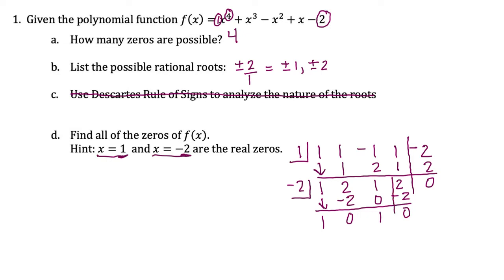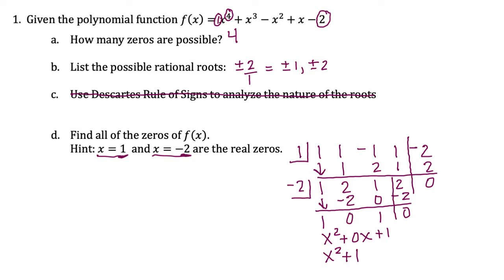And again we get that remainder of 0, so we know that negative 2 is a factor. So now we need to write this out. That 1 is really a 1x squared plus a 0x plus 1. And if we fix all of that, that's really x squared plus 1.